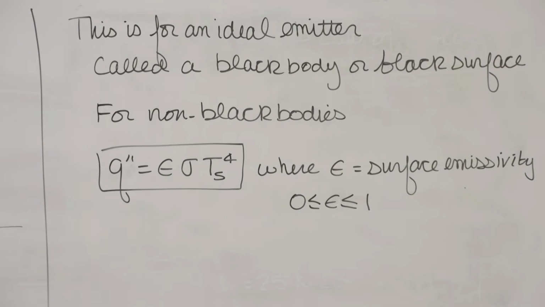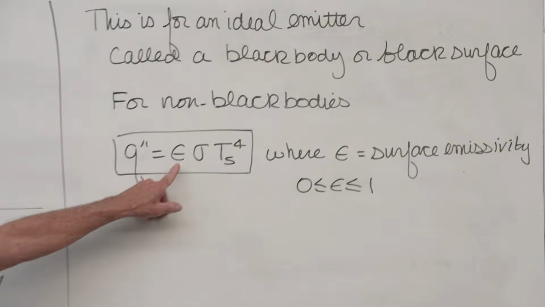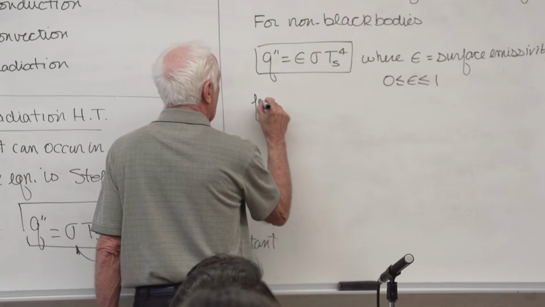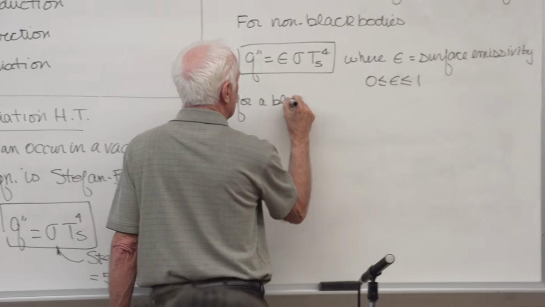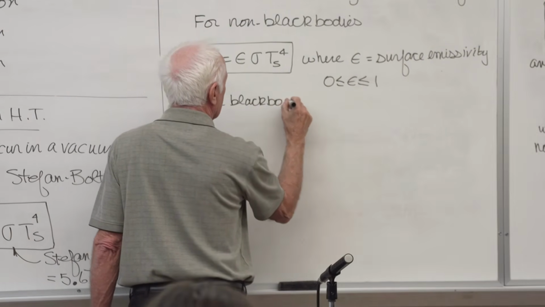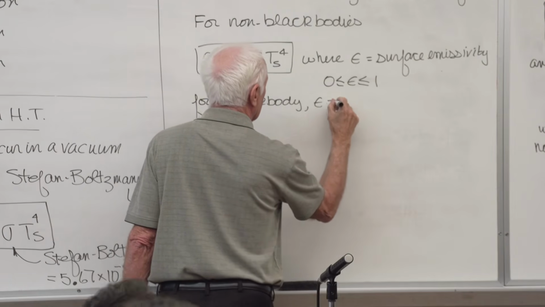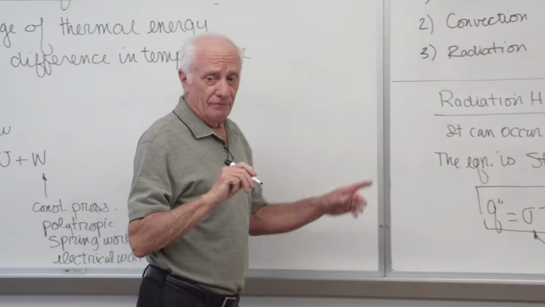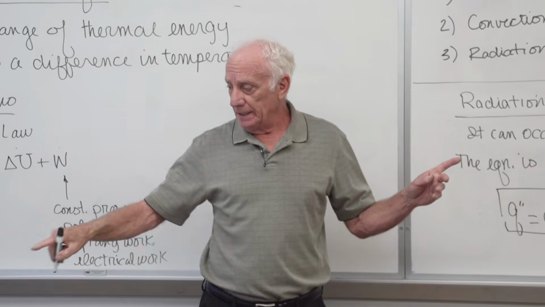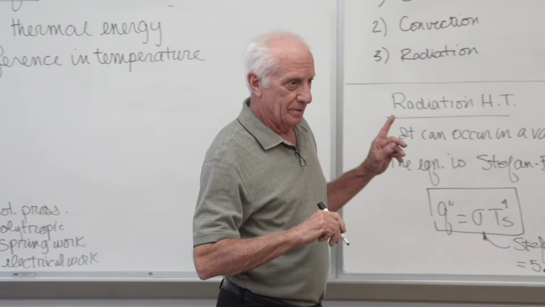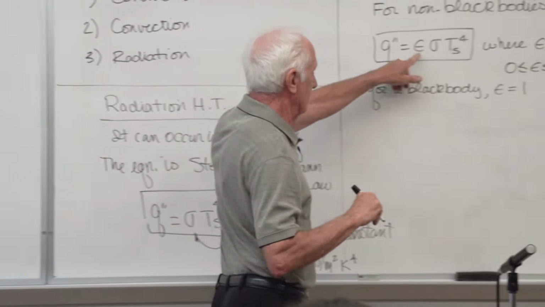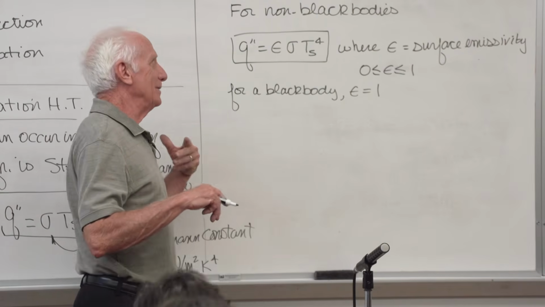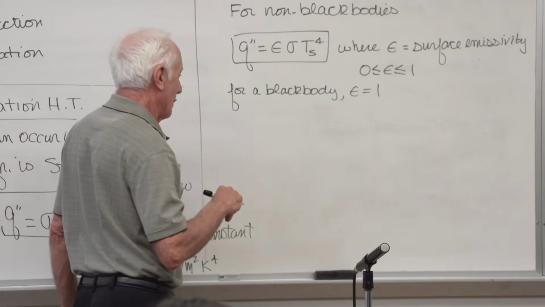Its value can go from 0 to 1. If epsilon is 1, it behaves like a black body. You can find the values of epsilon in the back of the textbook, for polished aluminum, corroded steel, whatever it might be. It's in the back of the book, okay?